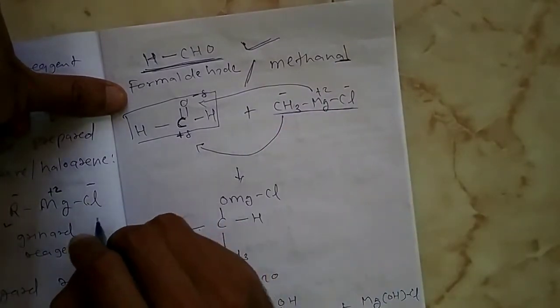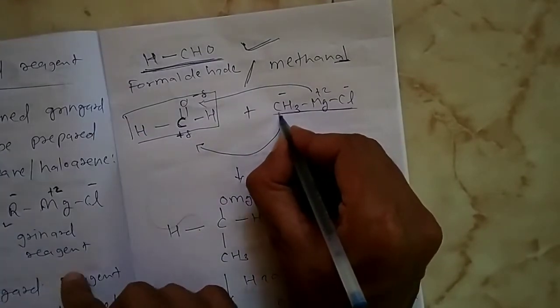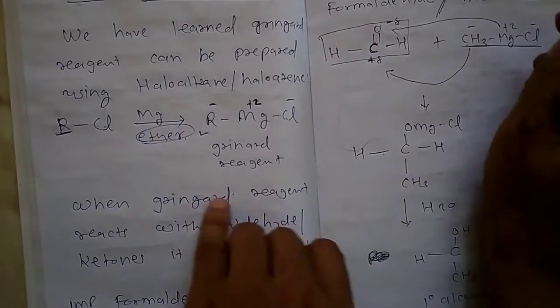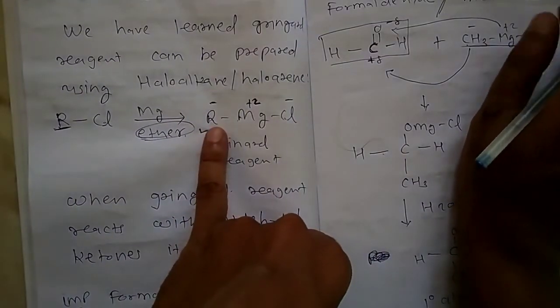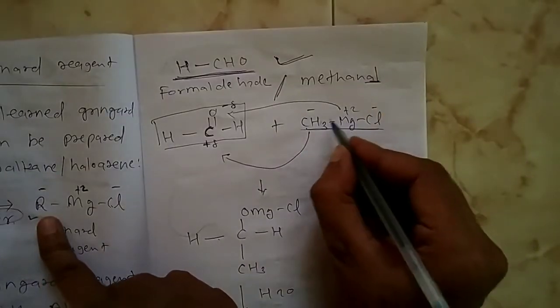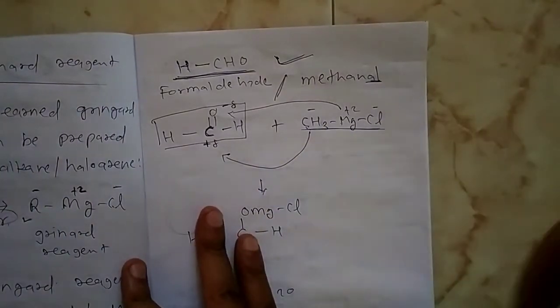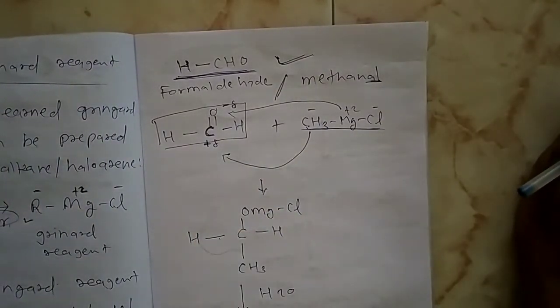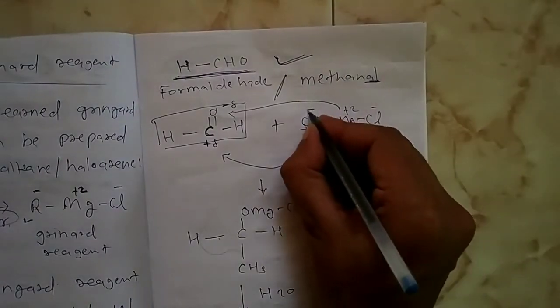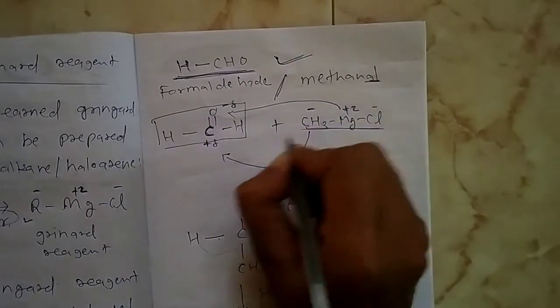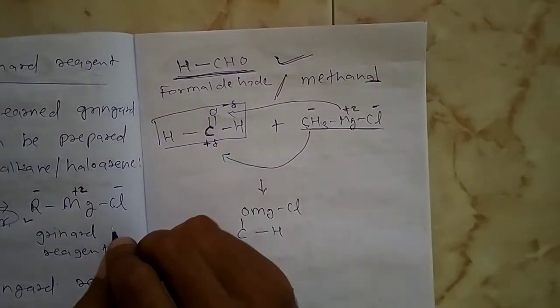This one is our Grignard reagent. Instead of R, I have written here CH3 only. CH3 MgCl. Now what will happen here? These are the charges. You can see Mg is having +2 charge, CH3 is negatively charged, Cl is negatively charged.